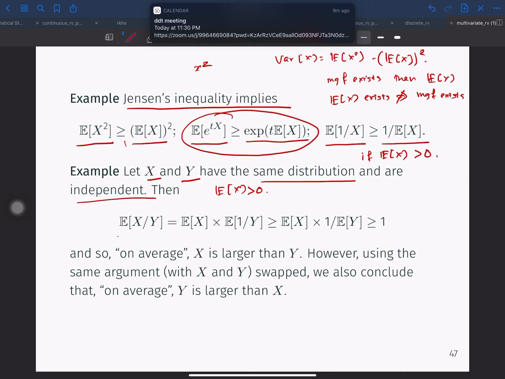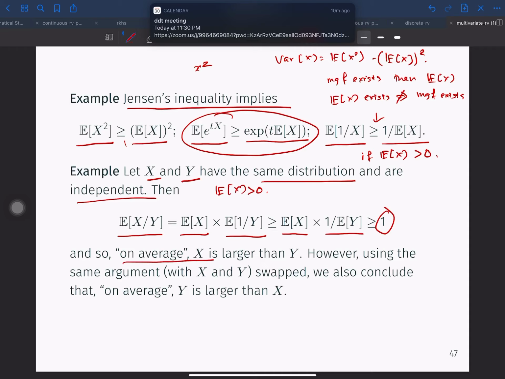Then the expected value of X over Y, by independence, can be written as the expected value of X times the expected value of 1 over Y. But by this condition of convexity, that's bigger than the expected value of X times 1 divided by the expected value of Y, which is 1. And so on average, X is larger than Y.